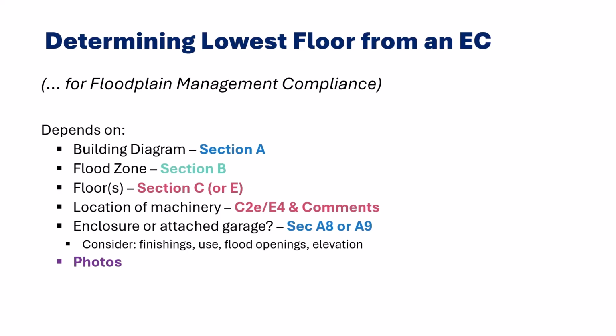You'll need the building diagram information from Section A, flood zone and BFE in Section B, as well as information about the building's bottom and next higher floors, machinery, any enclosures present, as well as finishings, use, flood openings, and adjacent grades. Photos are also very useful.